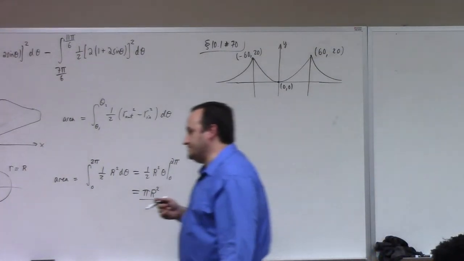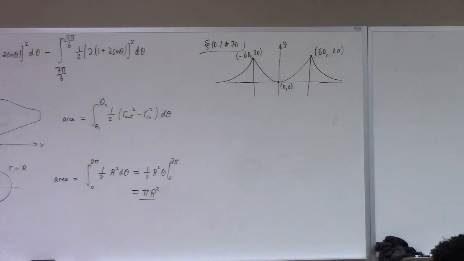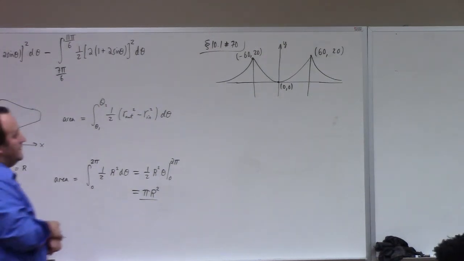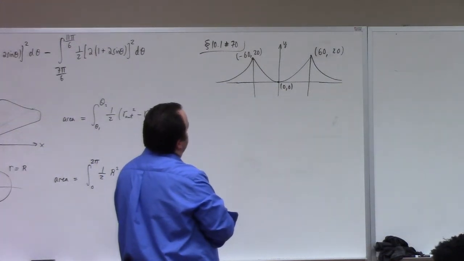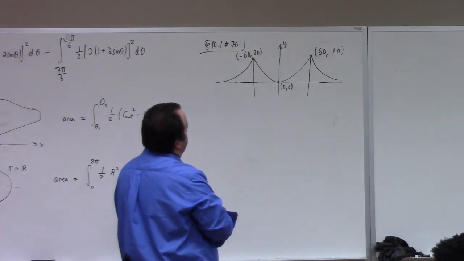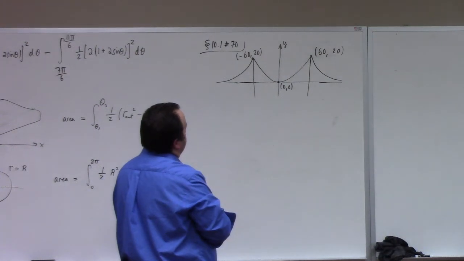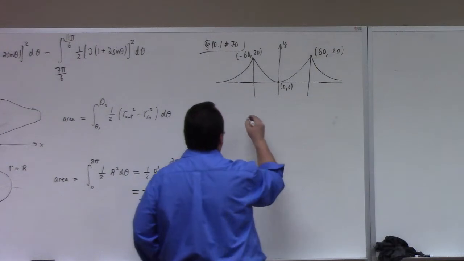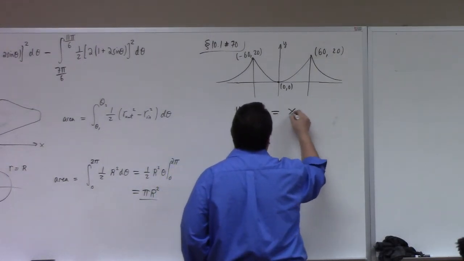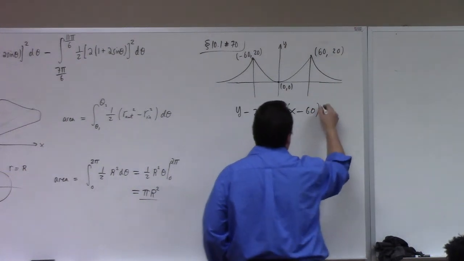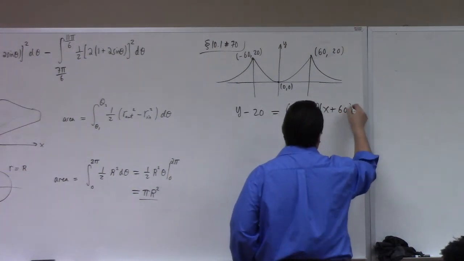All right. It's pretty clear that y minus 20 should be equal to (x minus 60) times (x plus 60).